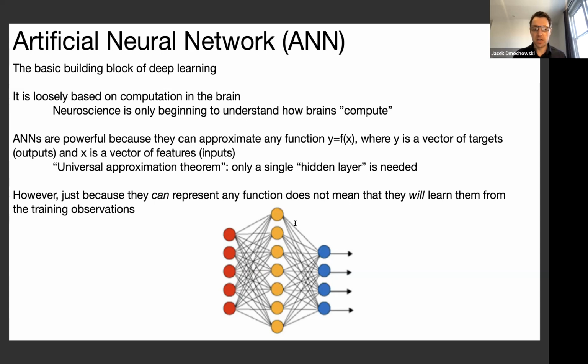And so the big difference between the way that a biological neural network is structured and the way that an artificial neural network is structured is that there's generally much more feedback in the biological brain than there is in the artificial brain.